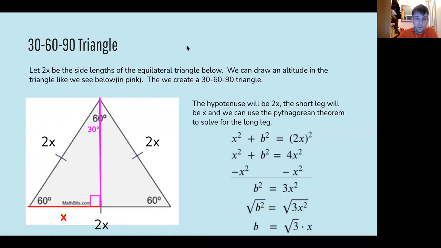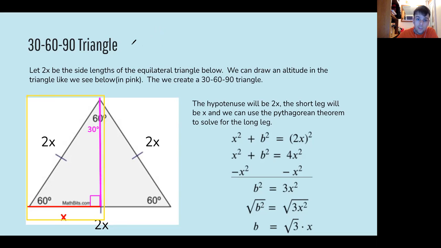So what I'm going to do is put a square around that. So we've created this 30, 60, 90 triangle right here. This side, which is the hypotenuse of the 30, 60, 90 triangle, is the same side as our equilateral triangle, so it's 2x.